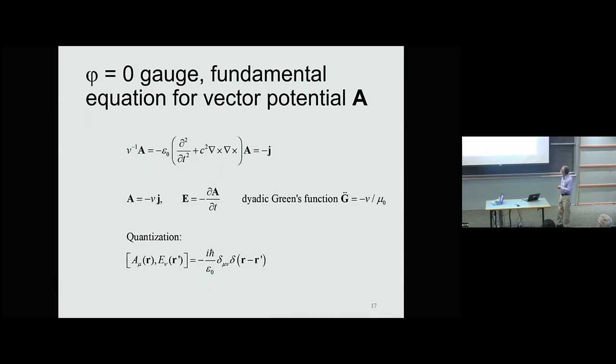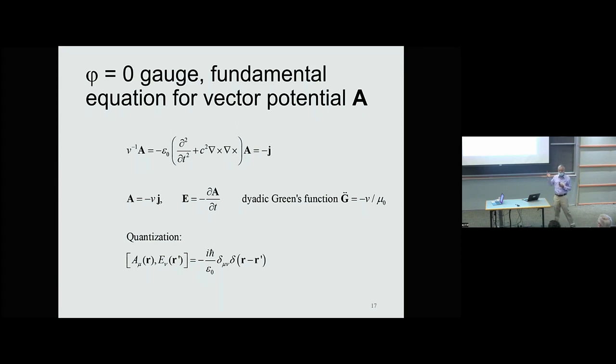I need to make a comment about the gauge that we have used, because we are using a particular gauge, where you just set the scalar field phi to 0. That is known as the axial gauge or temporal gauge, which is commonly known in quantum field theory, but not in condensed matter physics, because in condensed matter physics we usually use the transverse gauge.